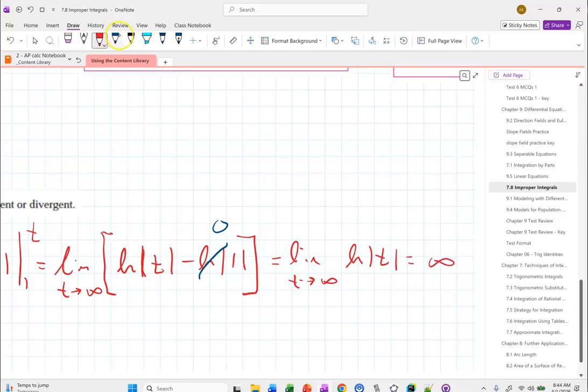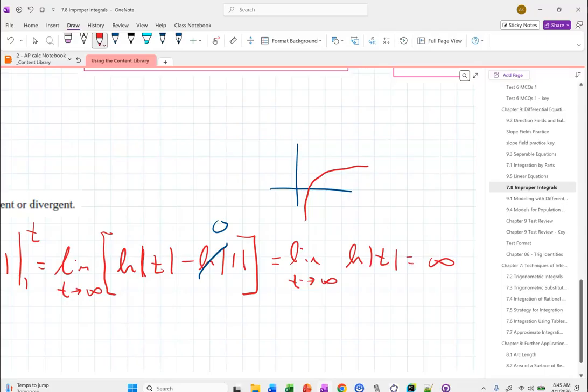How'd you know that, Alice? Yeah, if we think about what the graph of the natural log looks like, it looks like this, right? Since the natural log only works on positive values anyway, if we go to positive infinity, it's still going to be increasing the whole time. It goes to positive infinity, right?